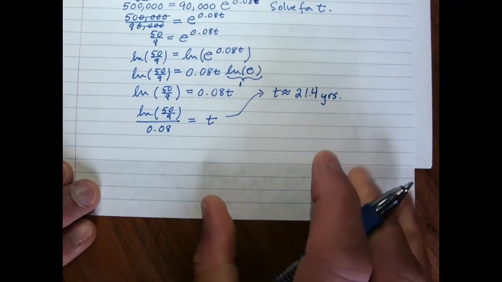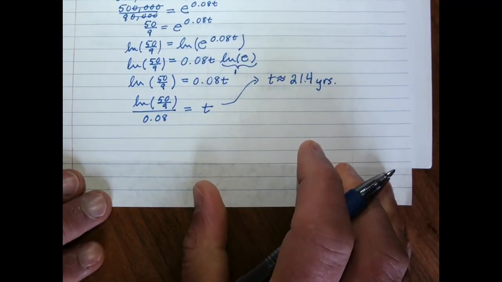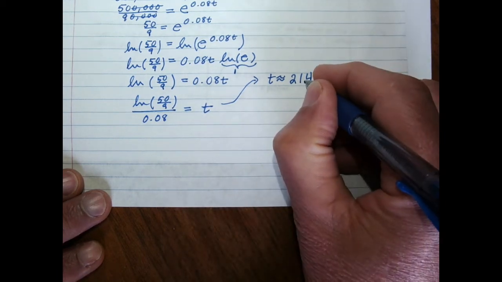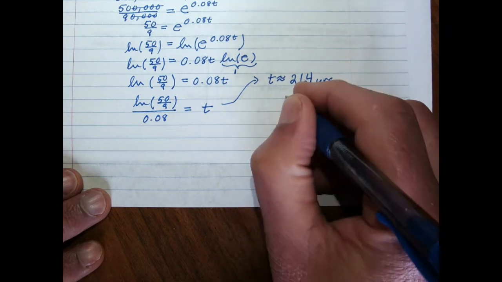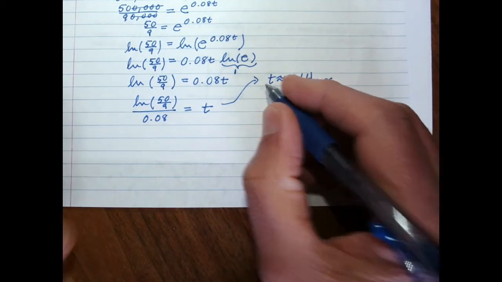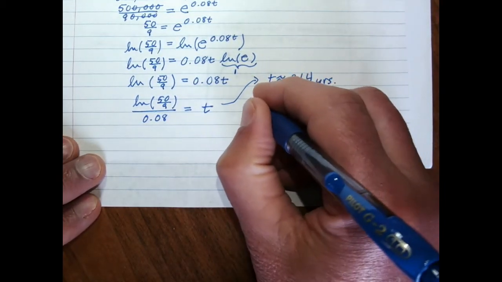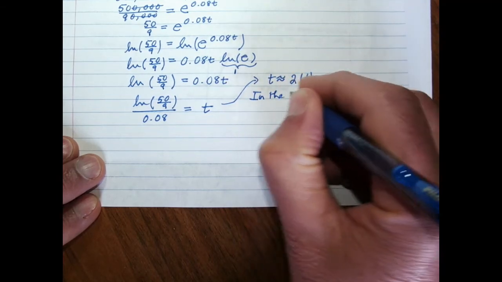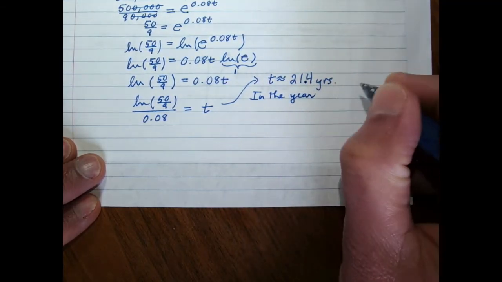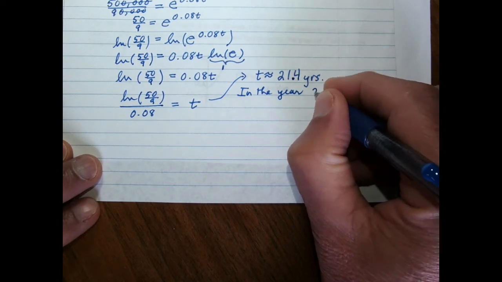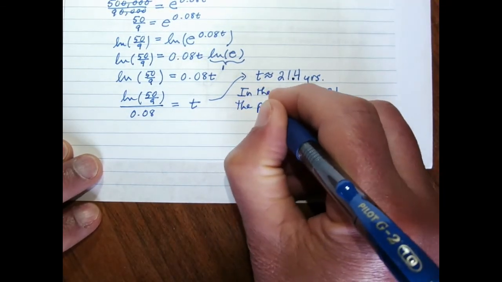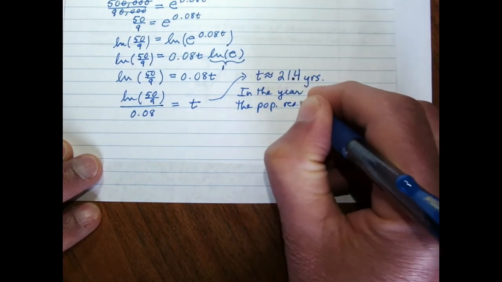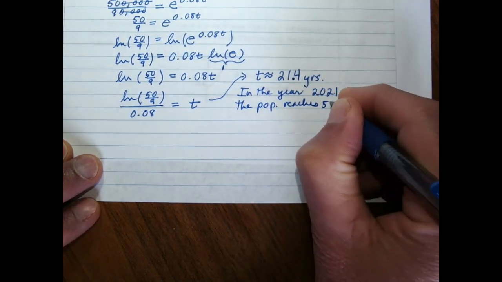But we want to know in what year is the population 500,000. So that's between 21 and 22. So in the year 2021, the population reaches 500,000.